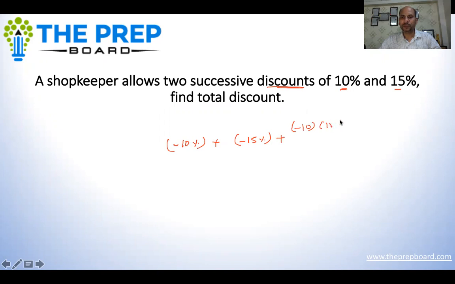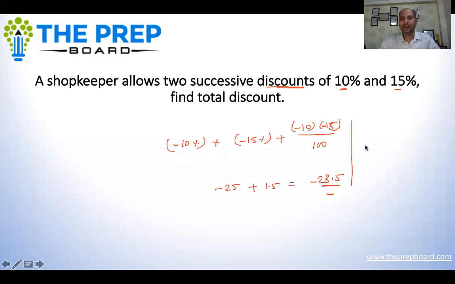So take care, do not change the formula, but change the sign of the numbers. So it becomes minus 25 and then plus 1.5. It becomes minus 23.5. So basically 10 plus 15% means 23.5%.